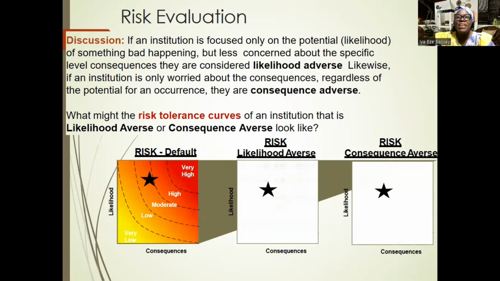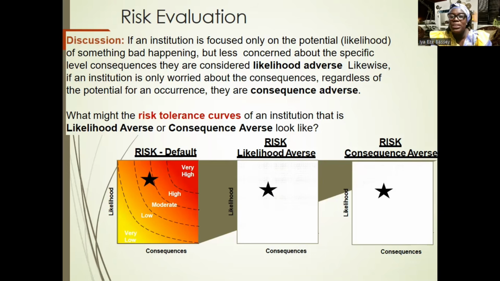So let's look at this. If an institution is focused only on the likelihood of something bad happening, but less concerned about the level of consequences, they are considered to be likelihood averse. But if an institution is only worried about consequences, regardless of the potential for occurrence, they are called consequence averse. You know what is the likelihood of something occurring, and you know what the consequence is when it happens.